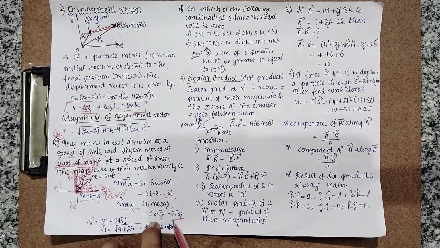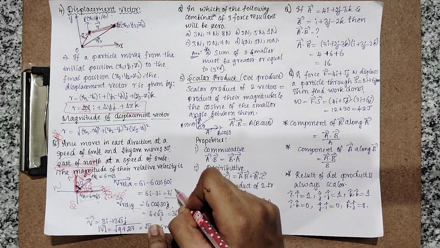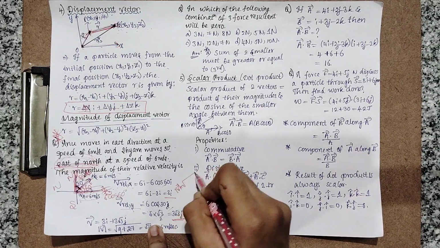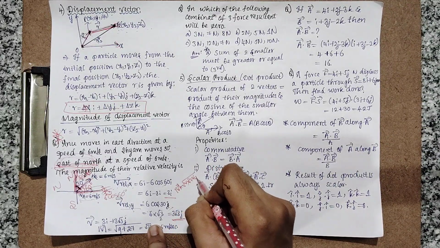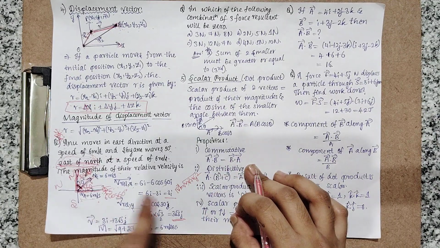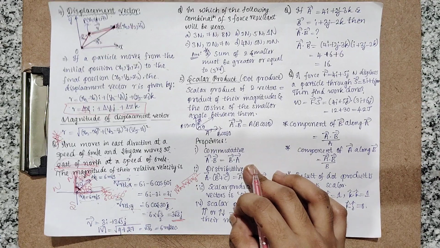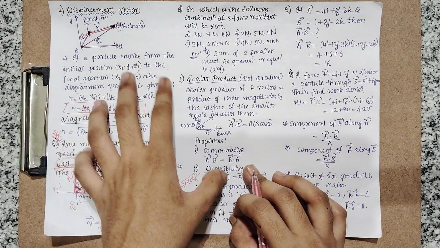By this you get relative velocity in y direction. Now the magnitude is equal to the square root of velocity in x direction whole square plus velocity in y direction whole square. So your relative velocity will be equal to 3 i cap plus 3 root 3 j cap, and if you find the magnitude, you get the answer as 6 meter per second. See how simple this is?